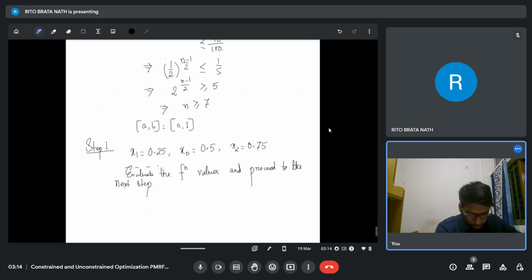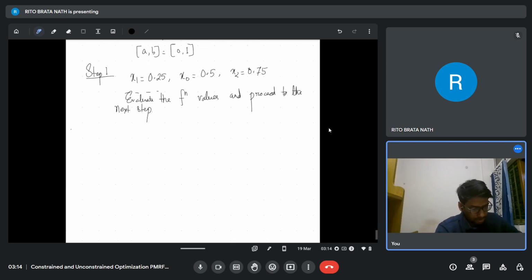So the third problem is again similar. This one is the exhaustive search method. In that case, suppose 10% of exact values.